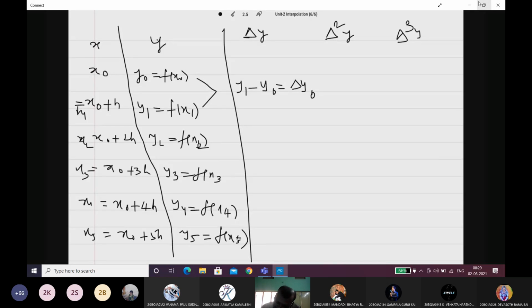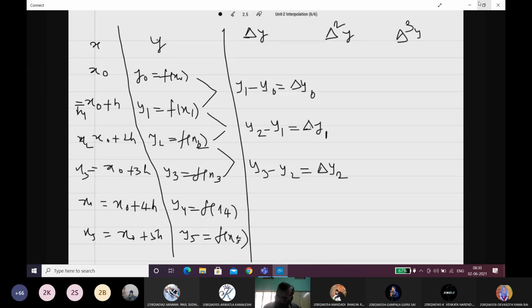And again, the difference between these two, y2 minus y1, we call delta y1. And again, the difference between these two, y3 minus y2, we call delta y2.